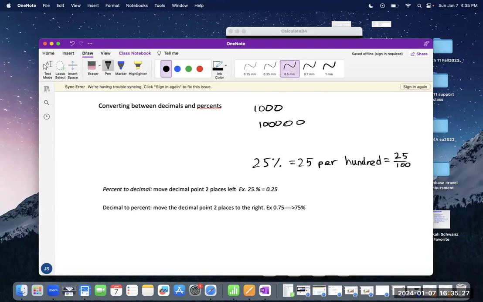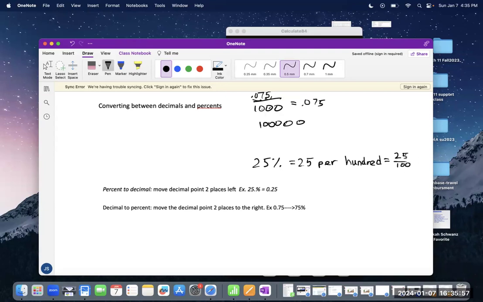When you divide by a power of 10, you just move the decimal place to the left the number of zeros that are on that power of 10. So if I was dividing 75 by 1,000, I would move that decimal 3 times to the left. Because there are 3 zeros in the bottom, I move the decimal 1, 2, 3 times.